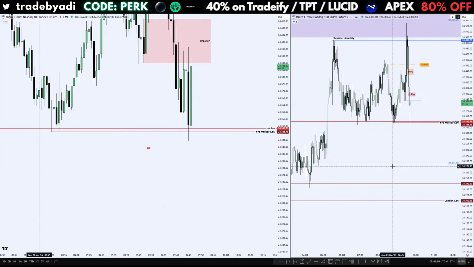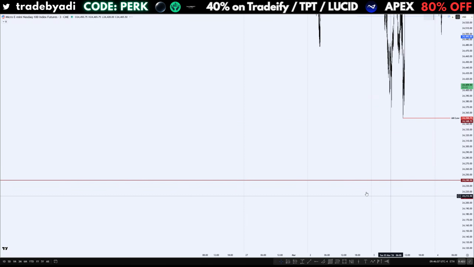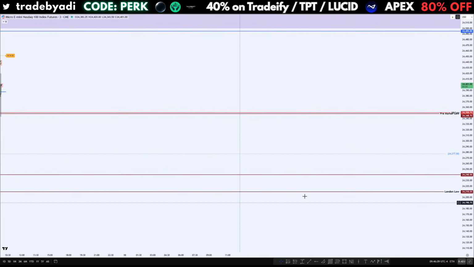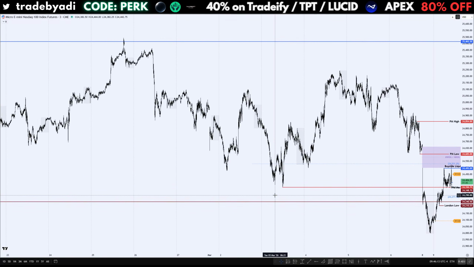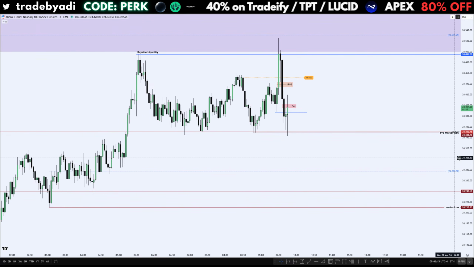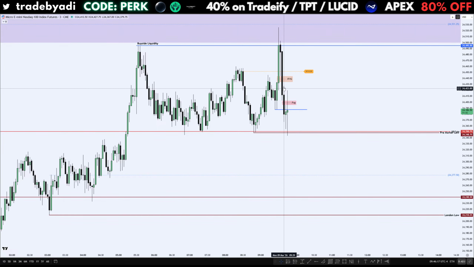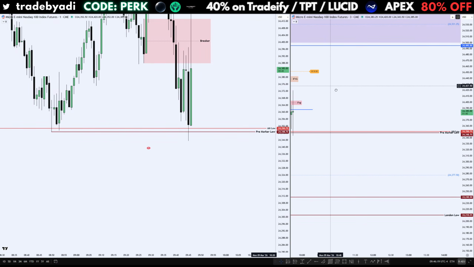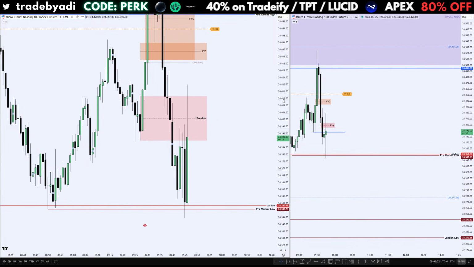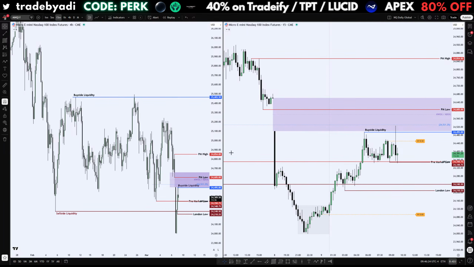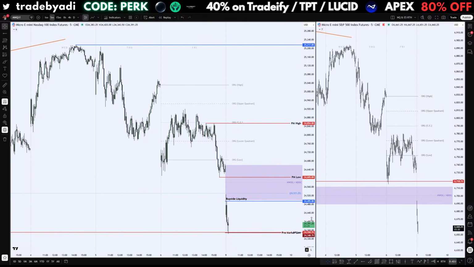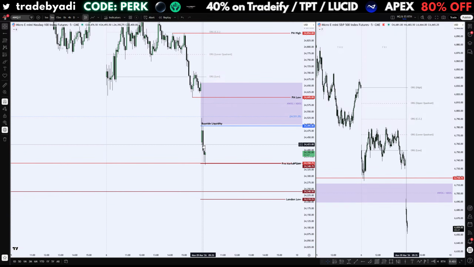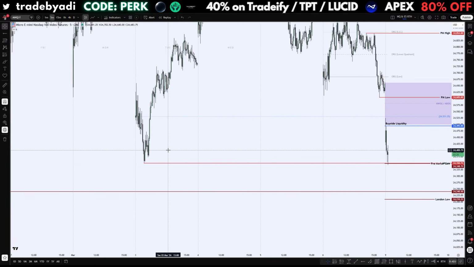Most likely, I'm going to keep this as a target, 24,240, if price is going to do the continuation. I want to see how the price is going to react on this fair value gap.